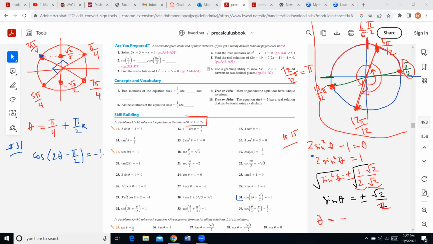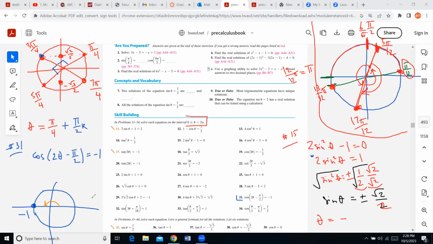In other words, they're asking me: if you have a cosine, which is the x coordinate, equal to -1, then what kind of angle does this correspond to?